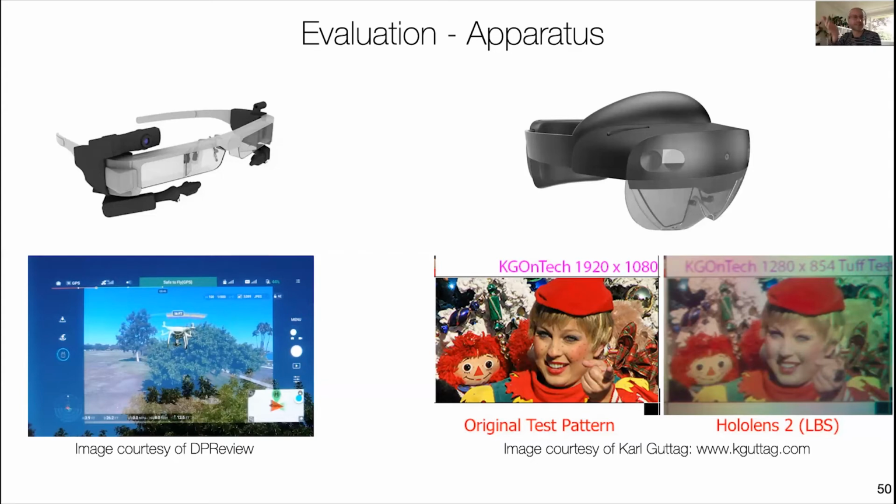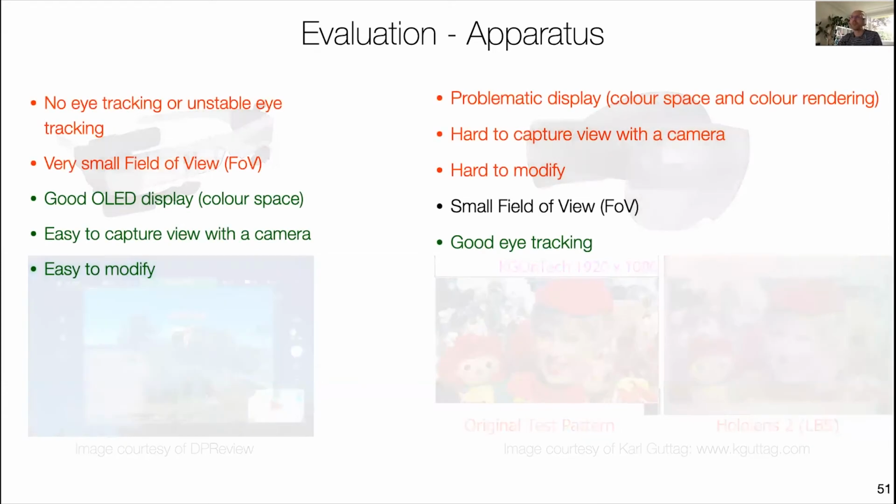And we were a bit undecided which way to go, because both have clear drawbacks. So we went for a slightly different approach, which we thought is the best one. So again, this is the summary. Basically, on the left side, you get no eye tracking or very unstable eye tracking, and you also get a very small field of view, but you have a good display, easy to capture, easy to modify.